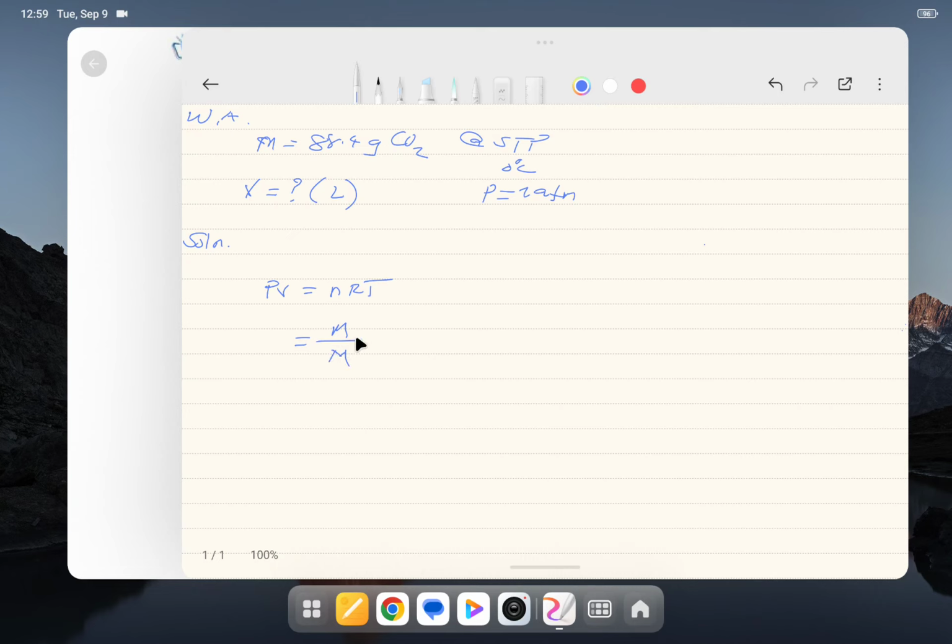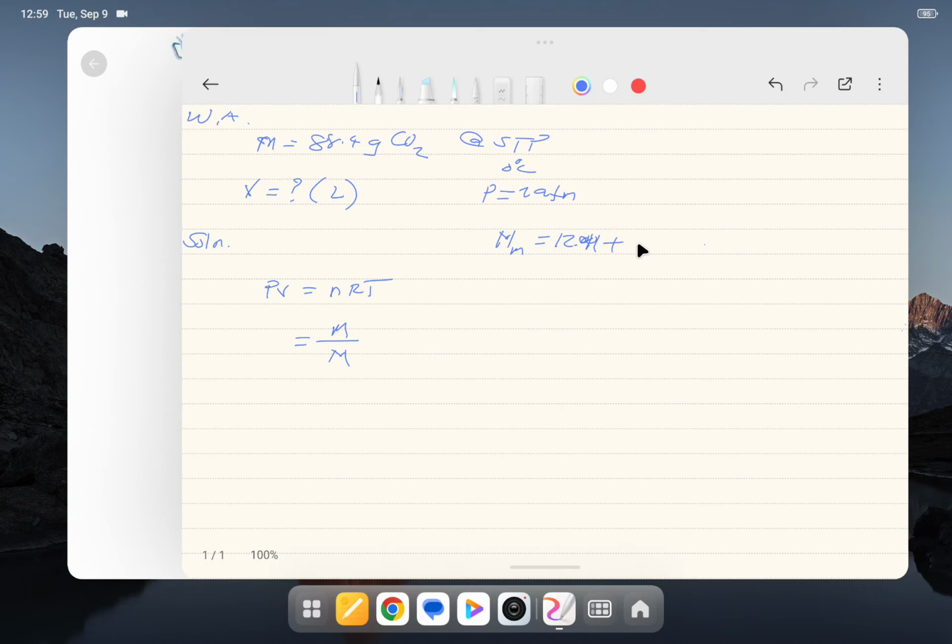How about the molar mass? Basically the gas given is carbon dioxide, and we have already calculated the molar mass of carbon dioxide. As a review, carbon is 12.011, taken from your periodic table, and that's only one.